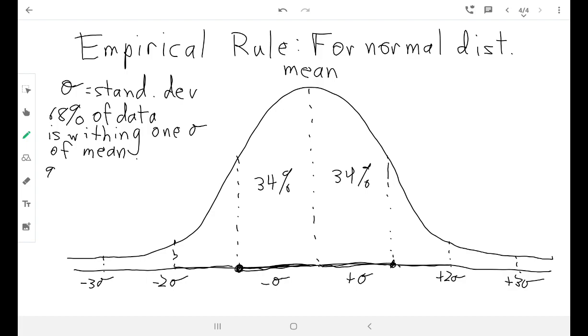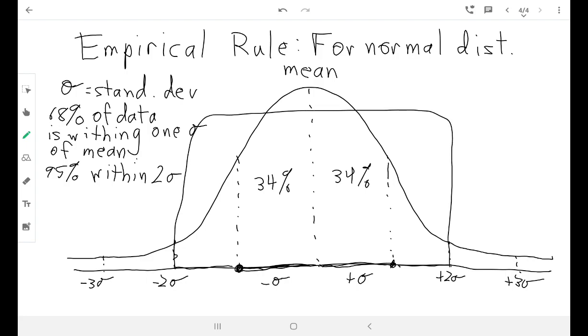The next one says that 95% is within 2 standard deviations of the mean. Okay? So all of it from here to here makes up 95% of the data.